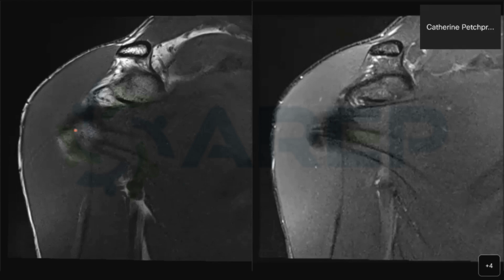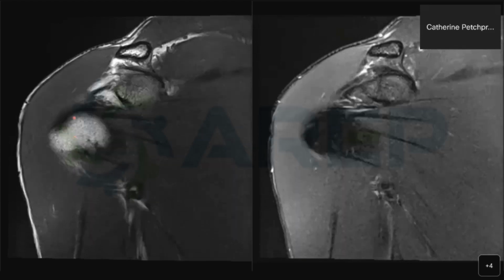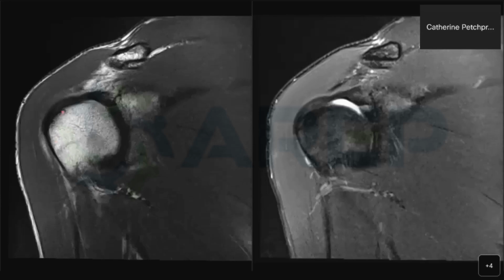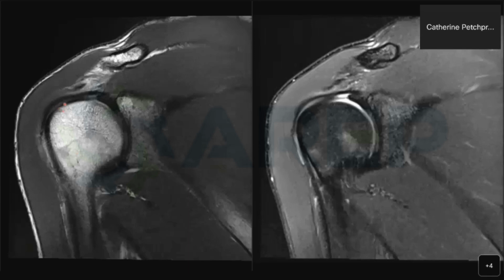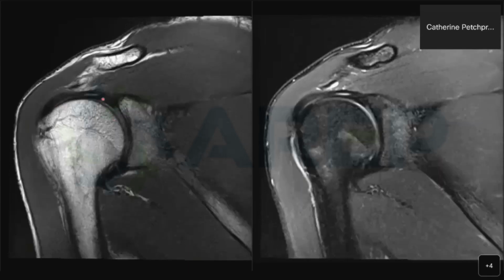The subscapularis tendon will be inserting on the lesser tuberosity here. The lesser tuberosity is the medial boundary of the bicipital groove, and here is the biceps tendon within the bicipital groove. We can follow the biceps tendon as it enters into the joint to insert at the supraglenoid tubercle with the superior labrum. Notice the smooth interface between the labrum and the cartilage in this region.